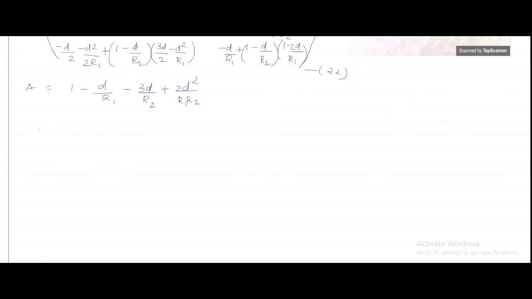And D equals 1 minus 3d by R1 minus d by R2 plus 2d square by R1 R2.